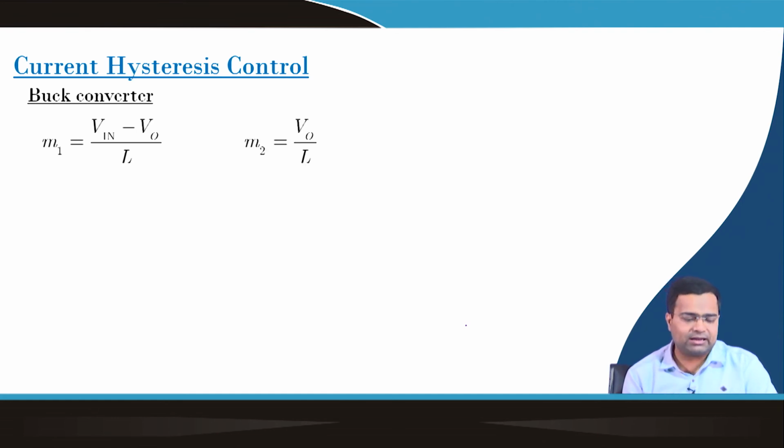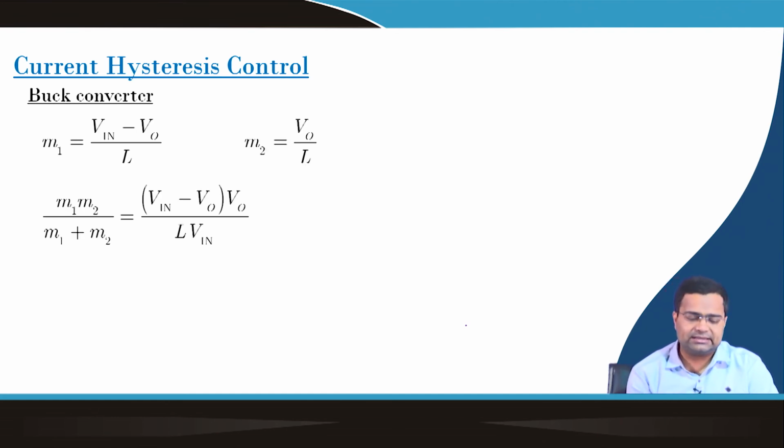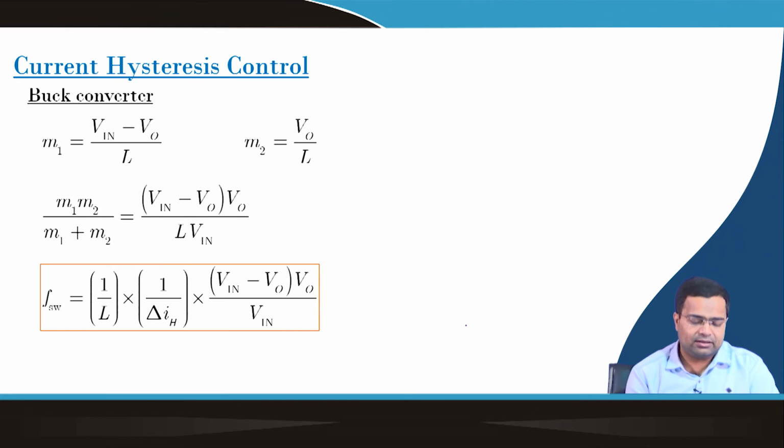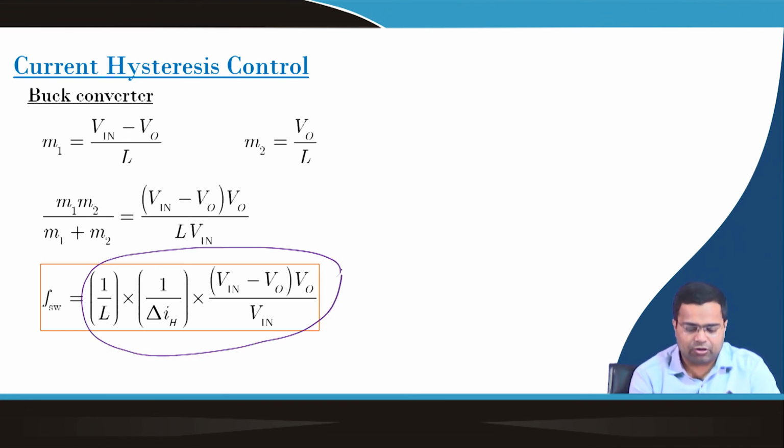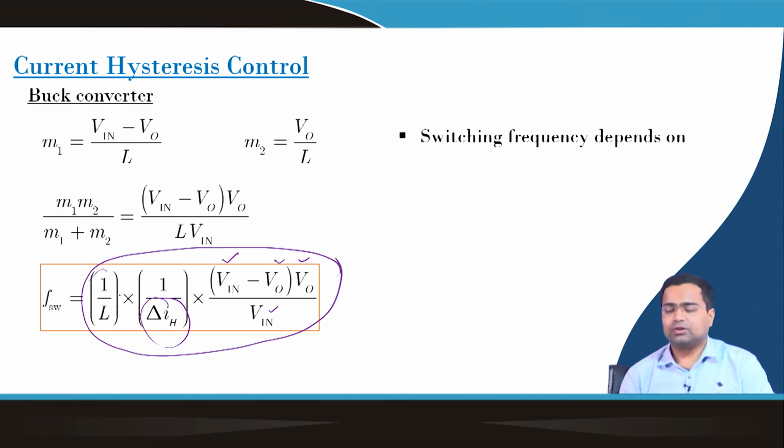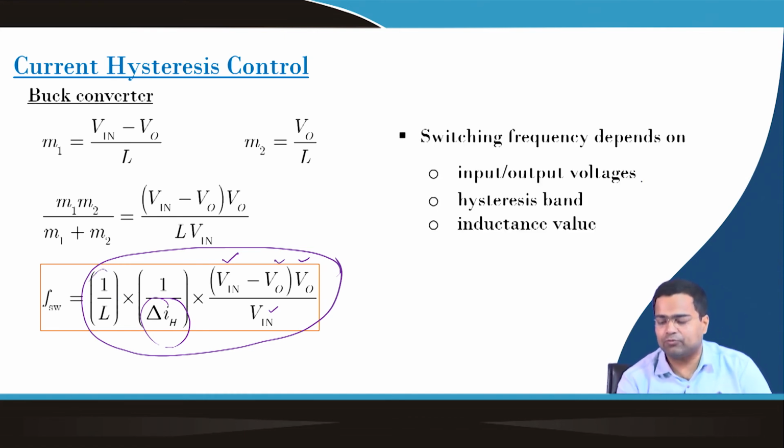For a buck converter, if we replace the rising and falling slopes, the switching frequency can be shown to be a function of the current hysteresis band, input voltage, output voltage, as well as the inductance value. So, switching frequency depends on input and output voltages, hysteresis band and inductance value.